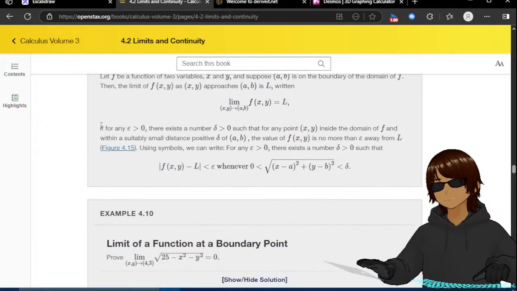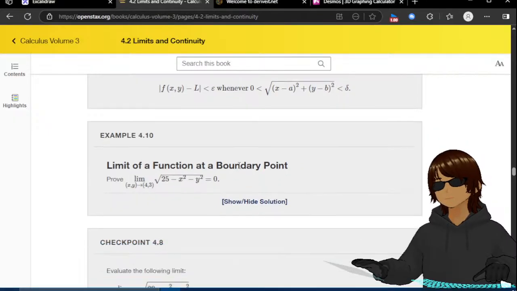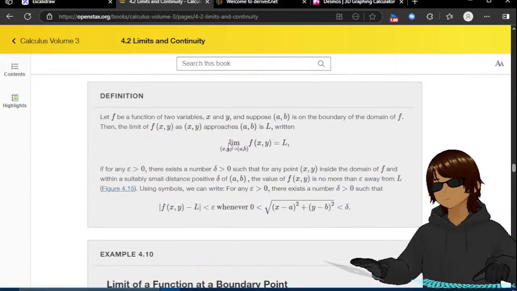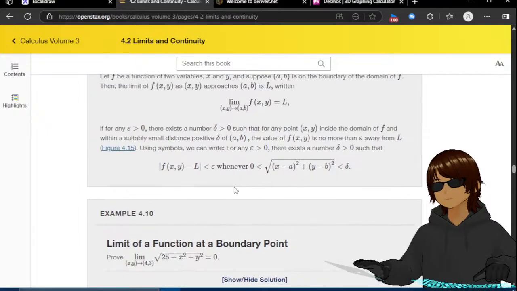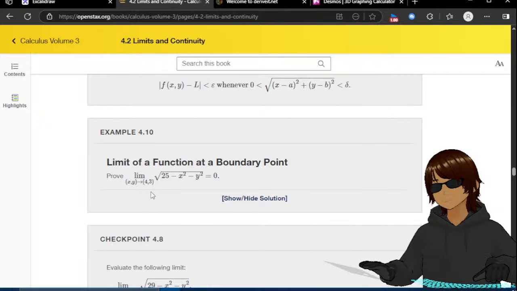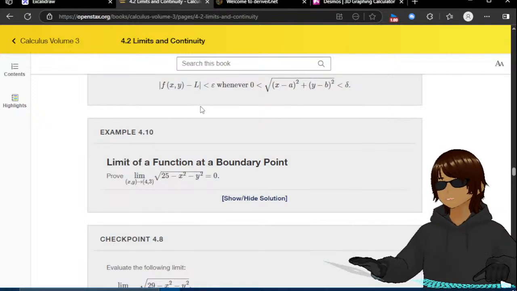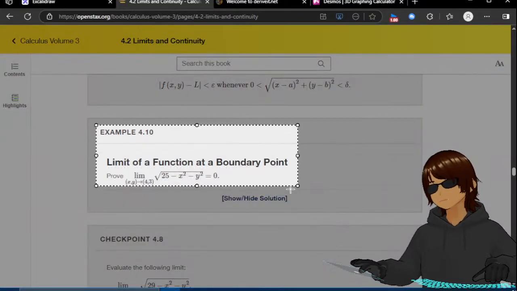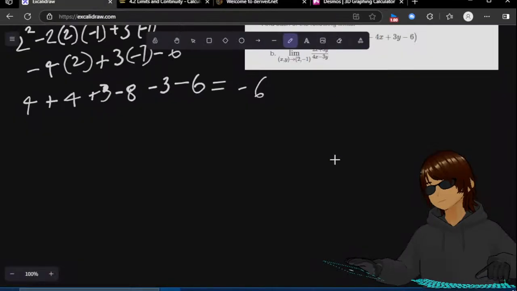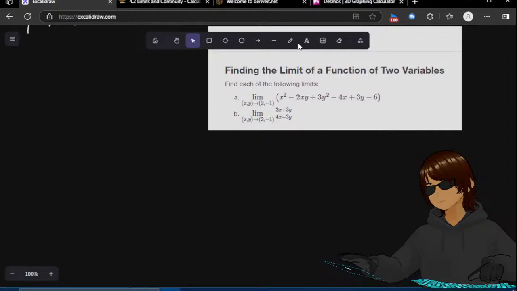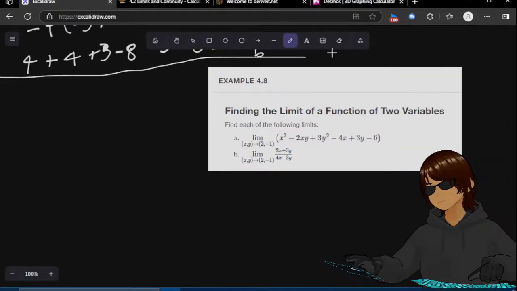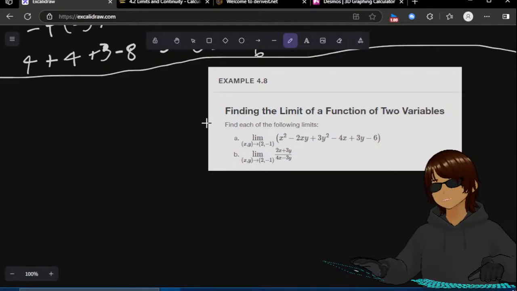So if for any epsilon there exists a number delta such that for any point xy inside the domain of f and within a suitable distance delta, the value of f of xy is no more than epsilon away from L. Okay, for this, I think we need to calculate where it can't be defined. So, wait, this is wrong.